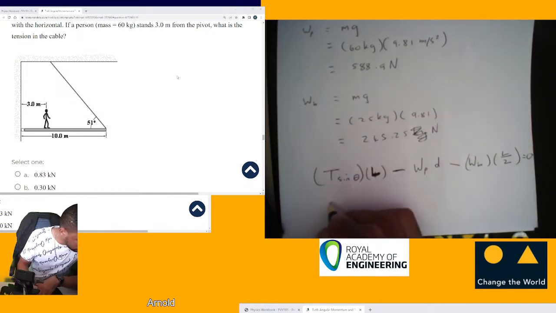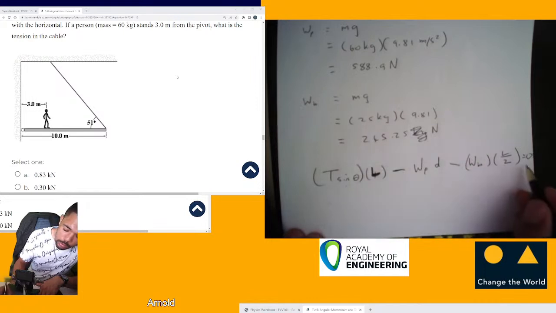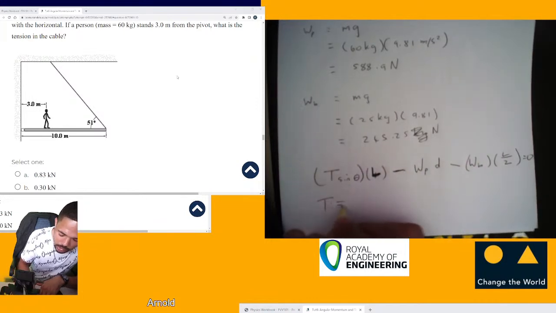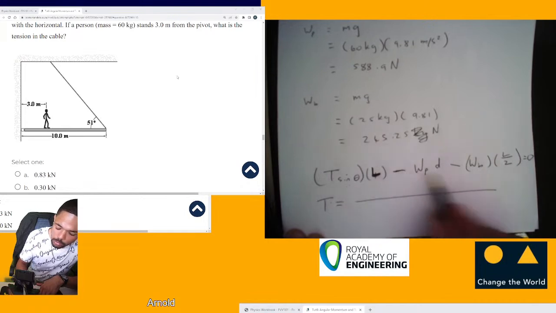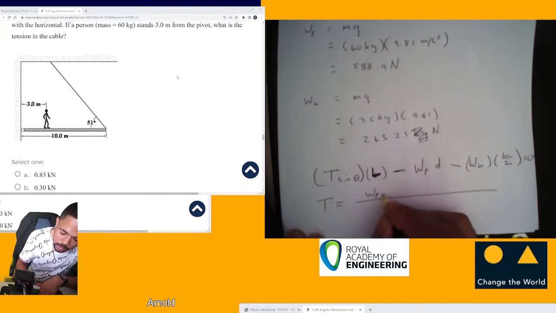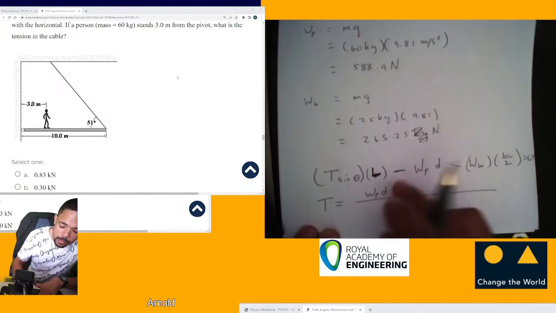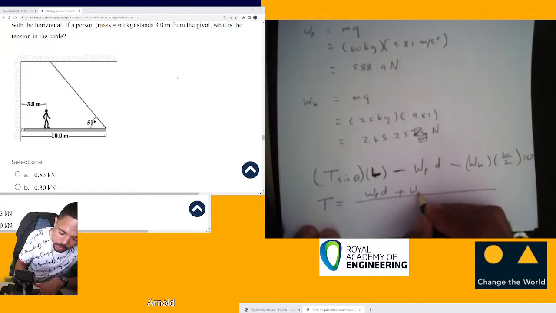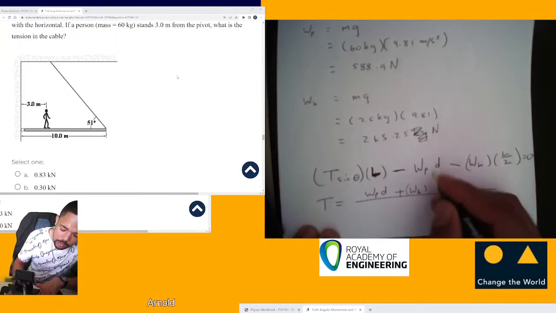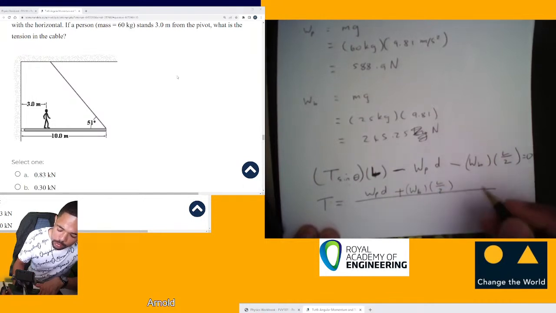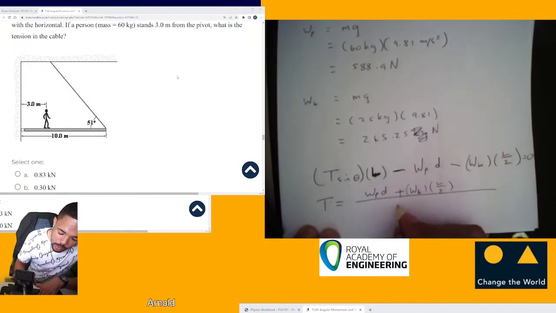If we solve for T sine theta by moving everything to the right, T is equal to the weight of the person times the distance at which the person's weight acts on the beam, plus the weight of the beam acting at a distance halfway down the beam, divided by sine theta times the length of the beam.